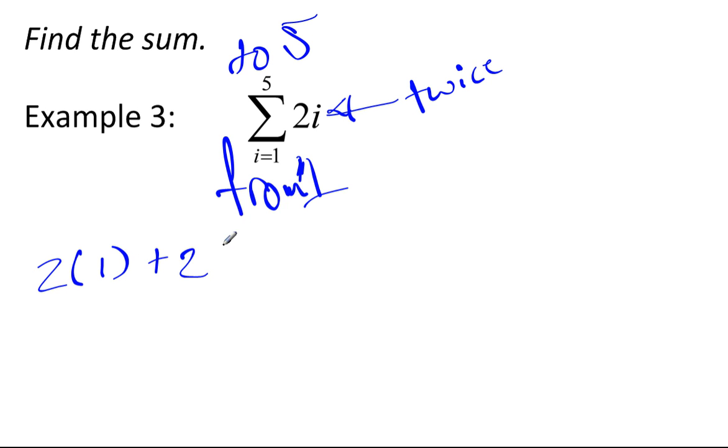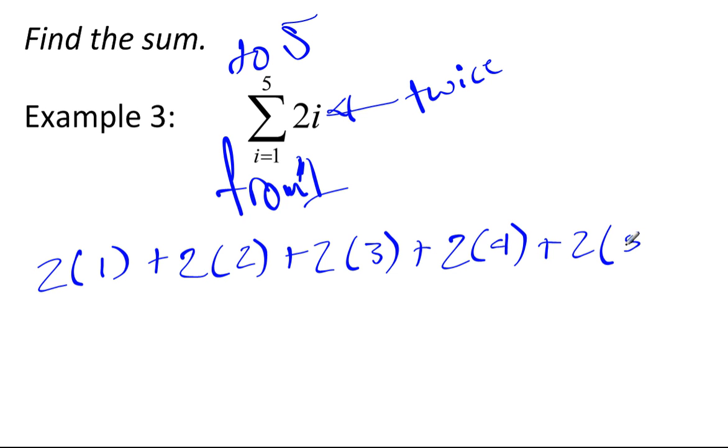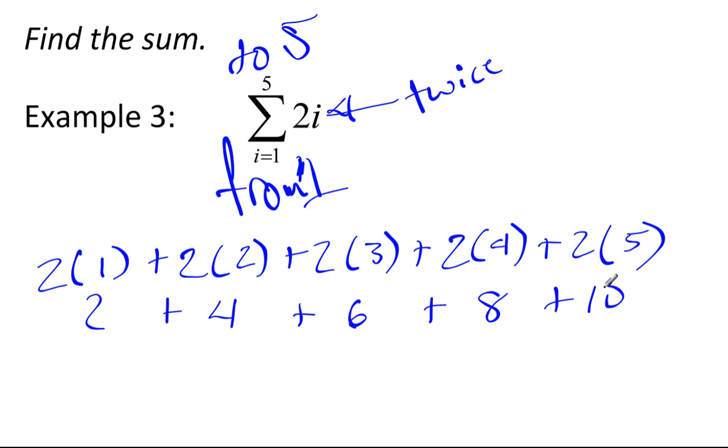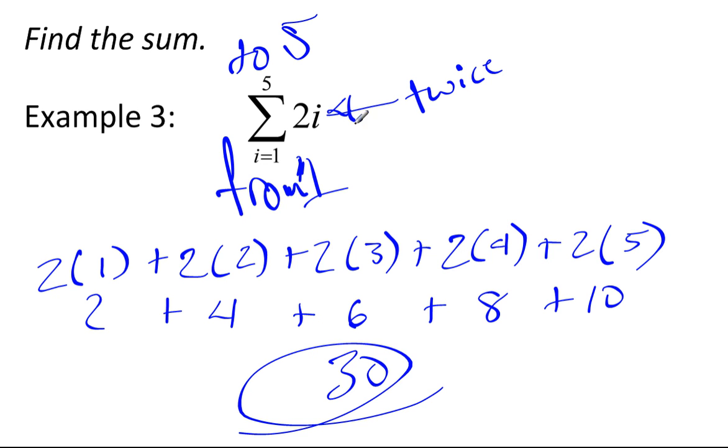And then you plug in 2, and 3 and 4 and 5 and so forth. So we got 2 plus 4 plus 6 plus 8 plus 10, and all that adds up to 30. So our summation of 2i from 1 to 5 is 30. Okay, not so bad at all, right? It's even easy.